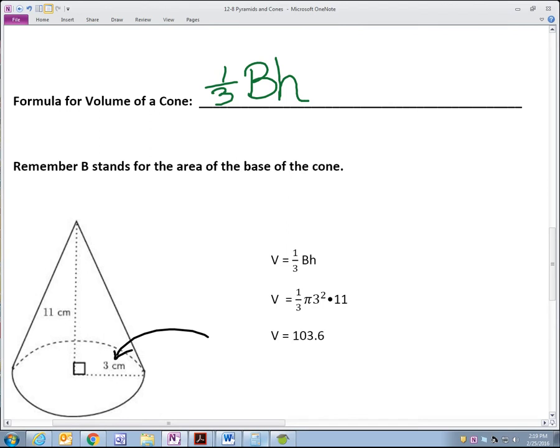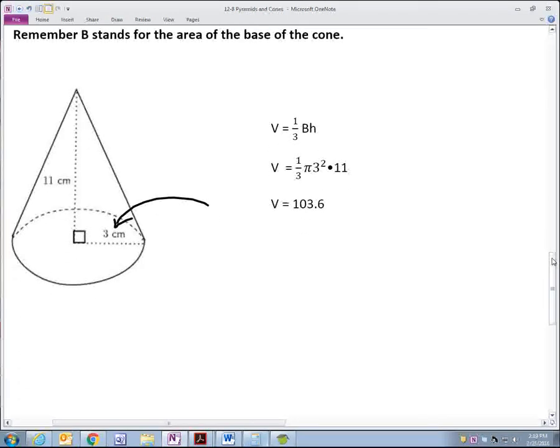Remember, B stands for the area of the base. I just wrote down it's the same thing, the same formula. So once again, here it is, an example. We have a cone that is 1/3 base times the height.